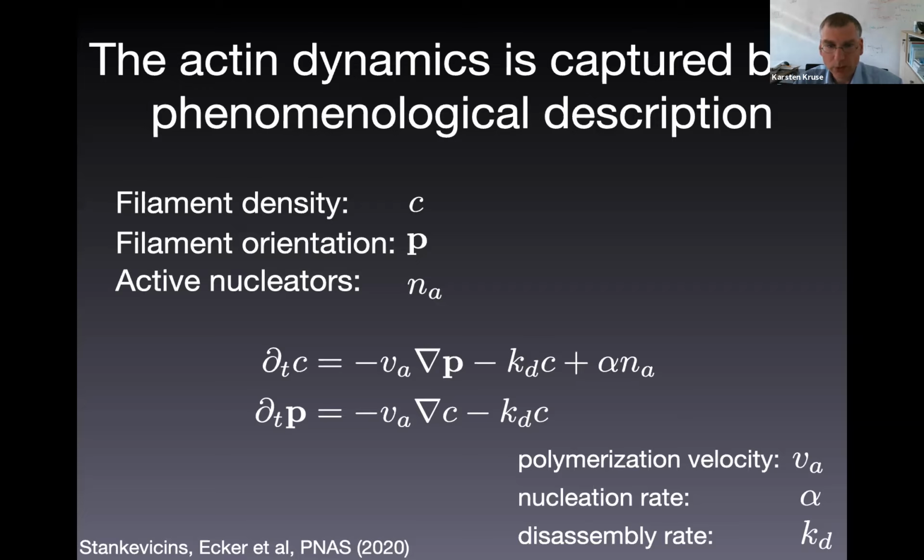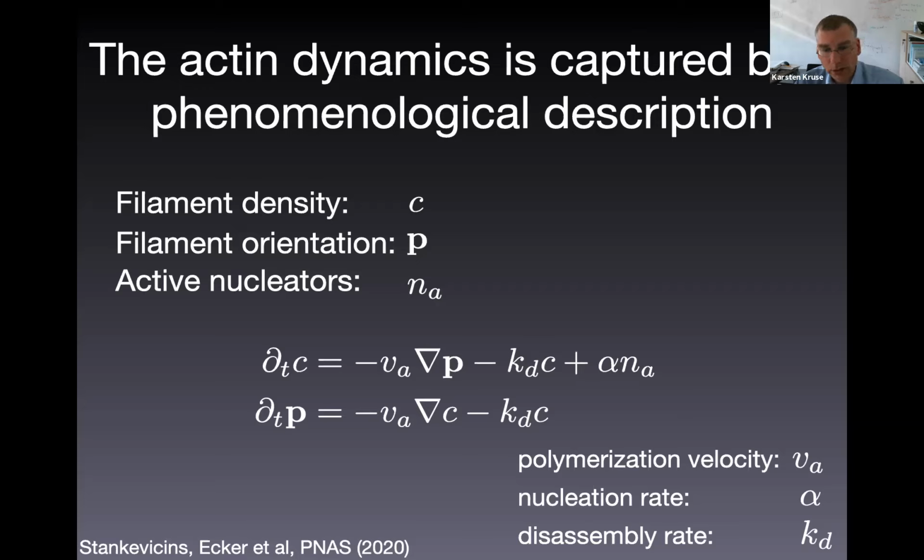So if I look first of all at these two fields, we can look at the time derivative of these fields, and then I just write down all the combinations in linear order and to lowest order in the gradients that are compatible with the symmetries of the system. So we have, for example, that the filament density can be degraded by the depolymerization or the disassembly of the filaments, which is parameterized here by the disassembly rate Kd.